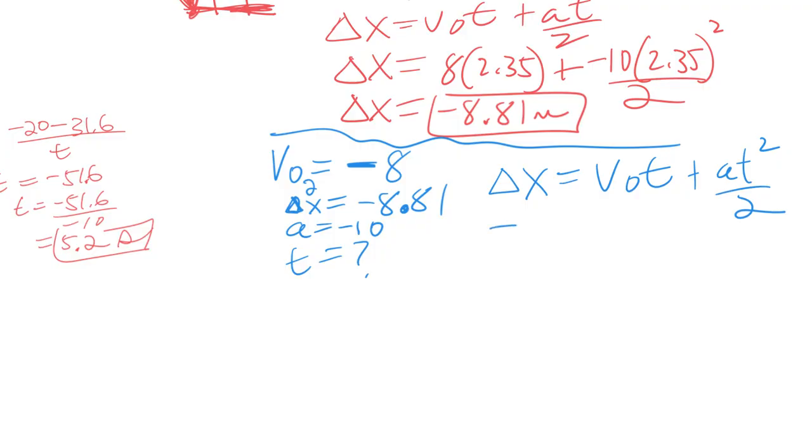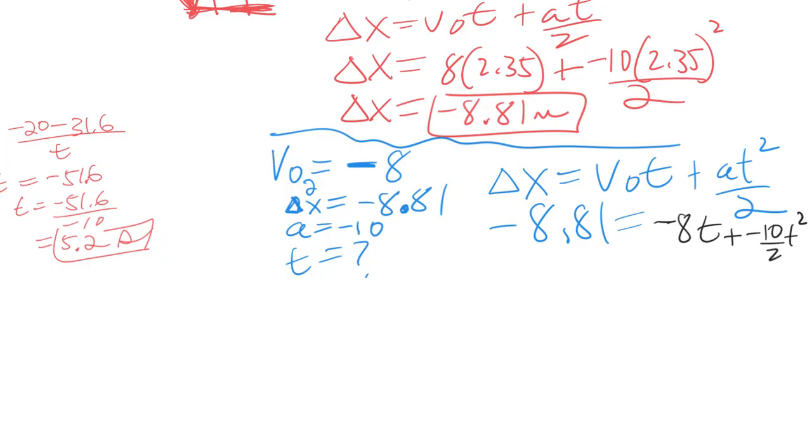Delta x is negative 8.81 equals VOT, negative 8 times t plus negative 10 over 2 times t squared.